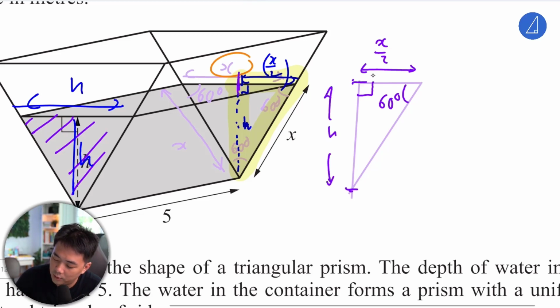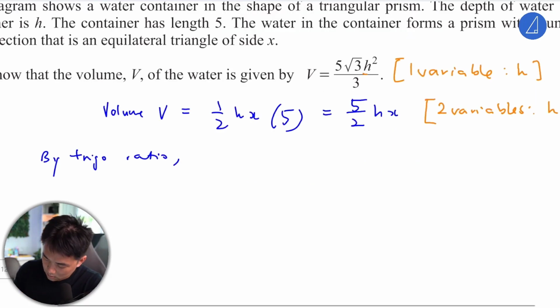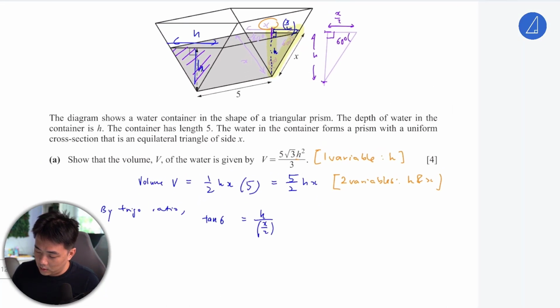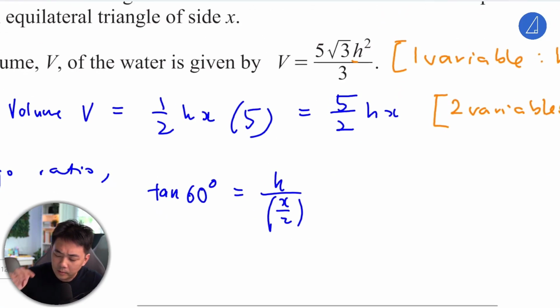So by trigo ratio, we know that tangent 60 is essentially h over x divided by 2. This is how we relate both of the variables. Then tangent 60 here will be root 3.